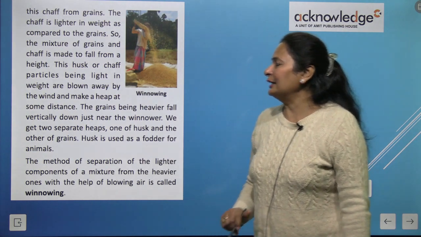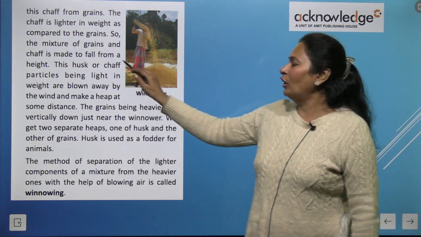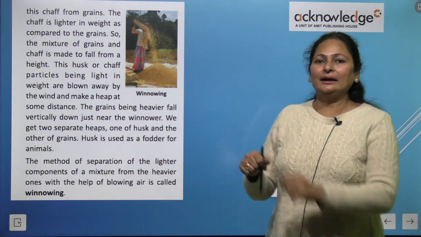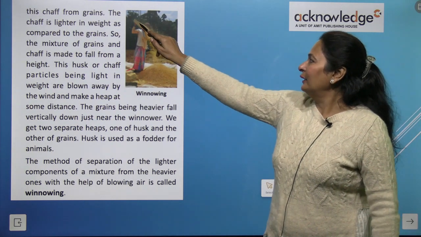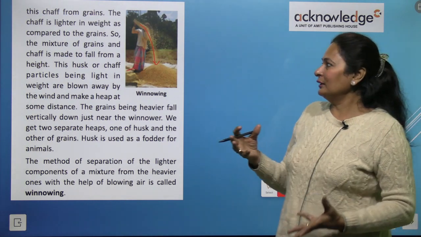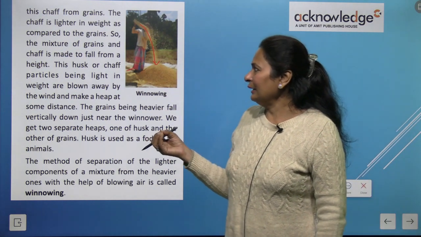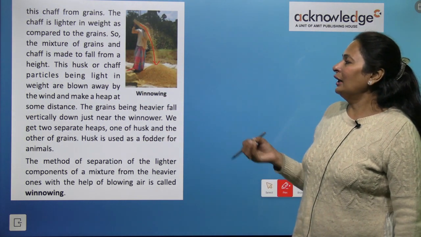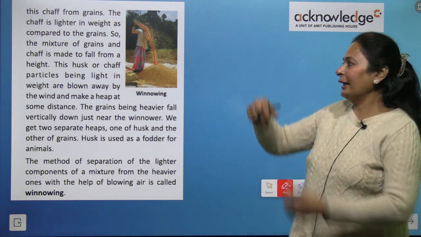So the mixture of grains and chaff is made to fall from a height, right? He is throwing the grains, letting them fall down from the height, right?